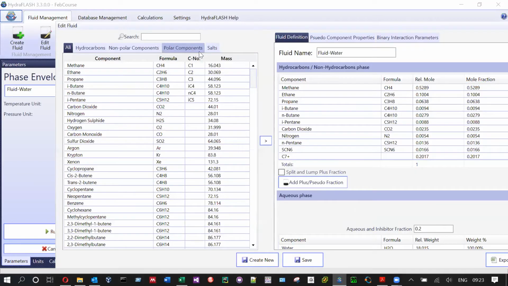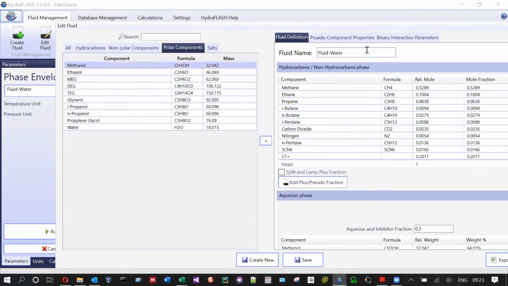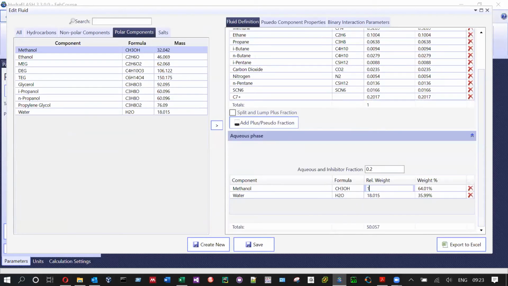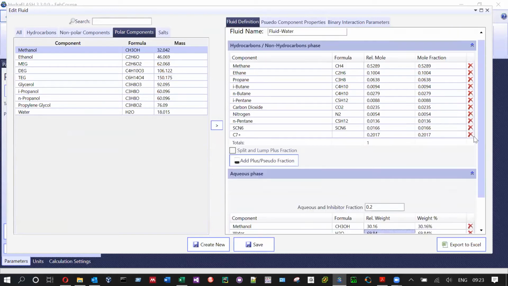So as we calculated, the methanol concentration is 30.16. The water will be 69.84. Sum is 100.